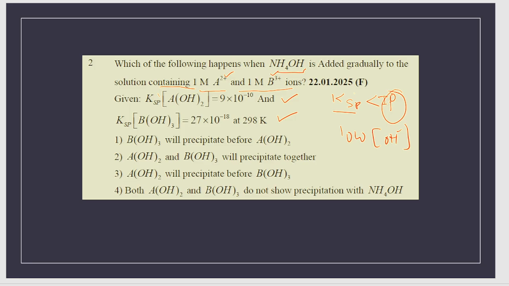Once again, among the given two Ksp values, the one with the lower hydroxide concentration will precipitate first if we keep on adding NH4OH, because for that salt the ionic product exceeds its solubility product first when compared to the other. That is the principle involved here.